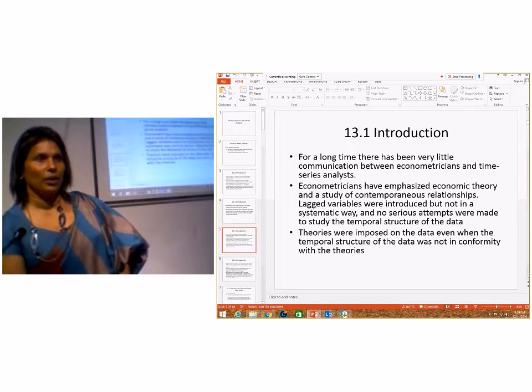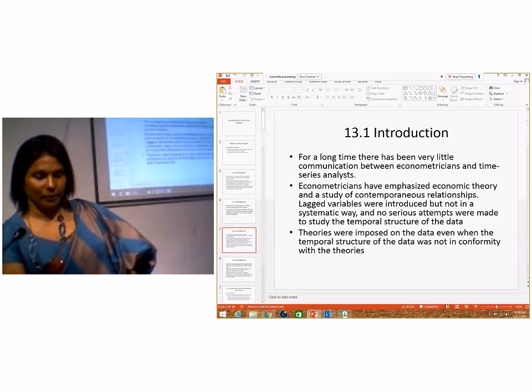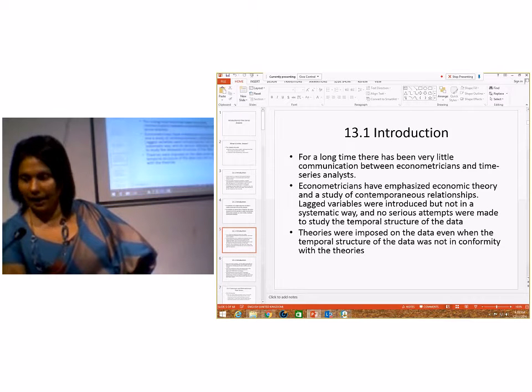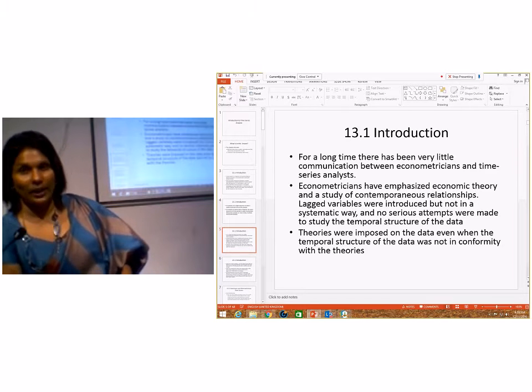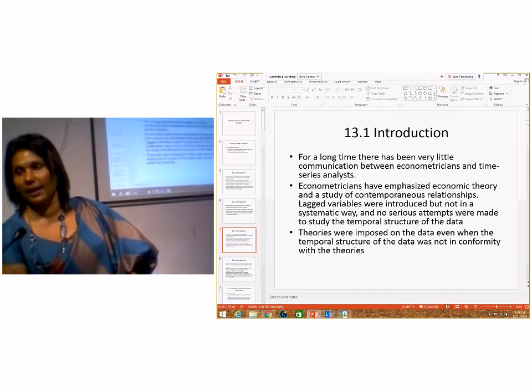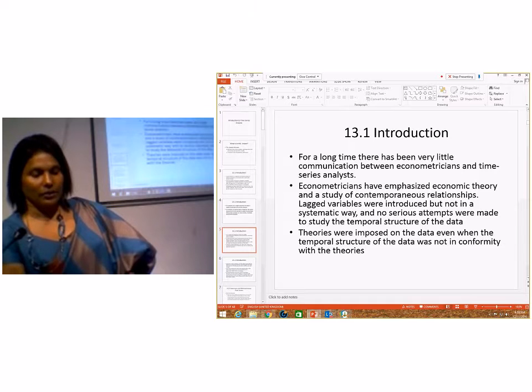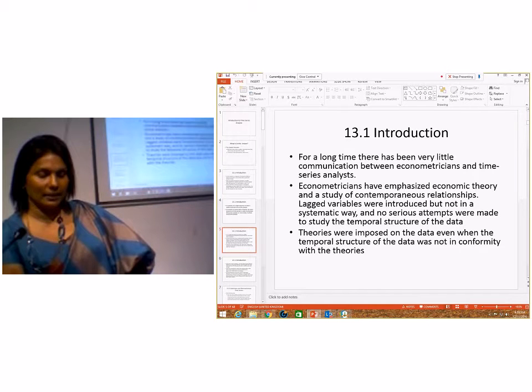Before moving to the time series data analysis, I would like to give a brief introduction about why we are using time series data analysis. In the past there has been very little communication between econometricians and time series analysts.